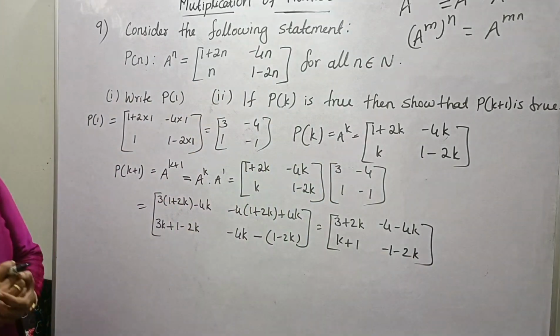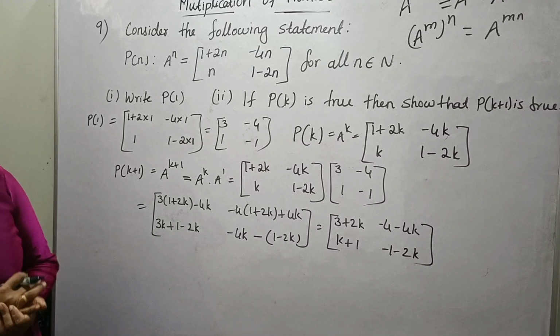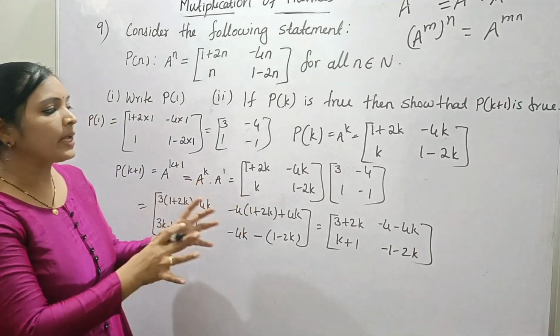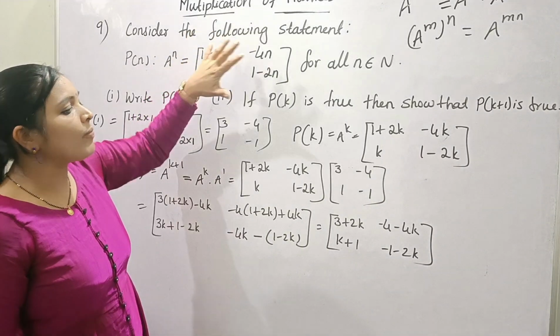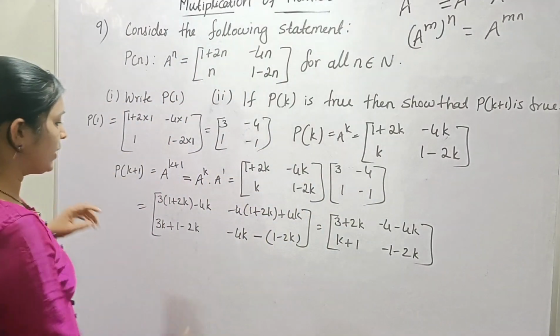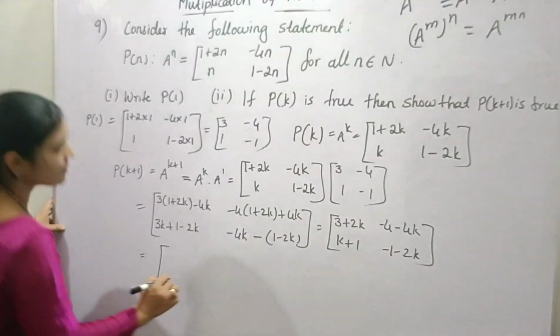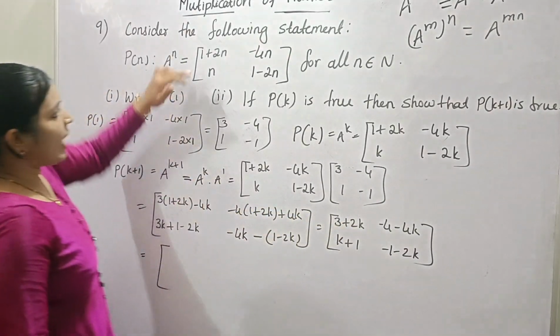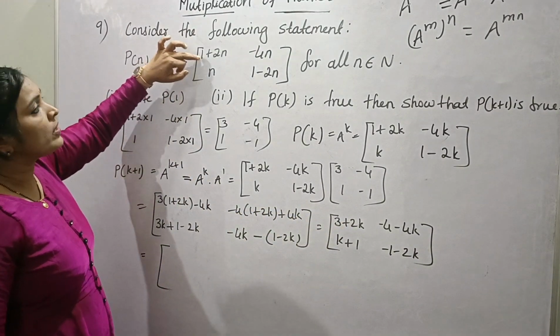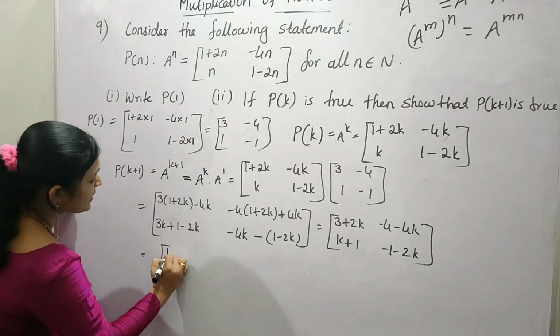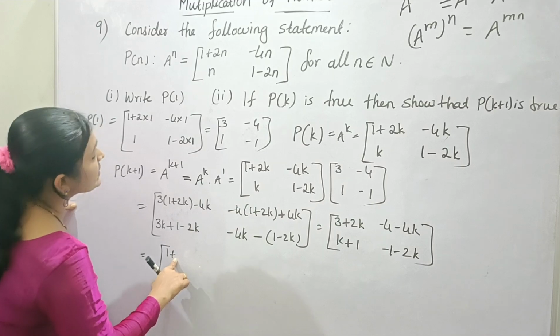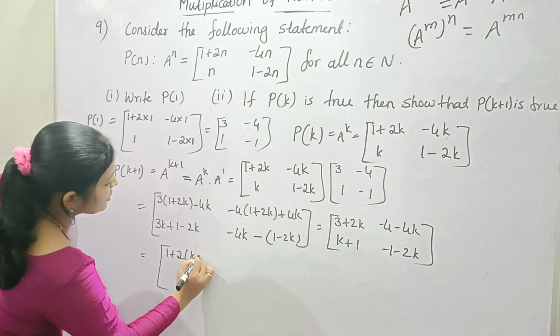Now to show P of k plus 1 is true, we have to make it in the form of this P of n. In this form we have to make it. So here, 3 plus 2k, we have to write in the form of 1 plus 2n. We can write it as 1 plus 2 into k plus 1.